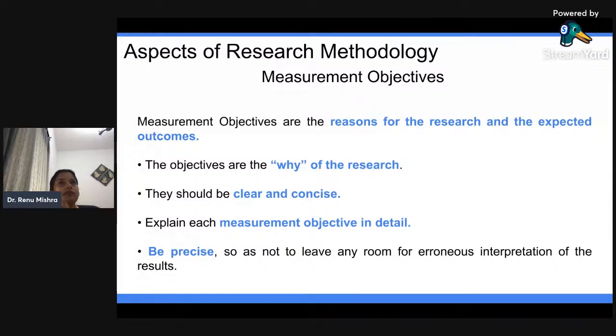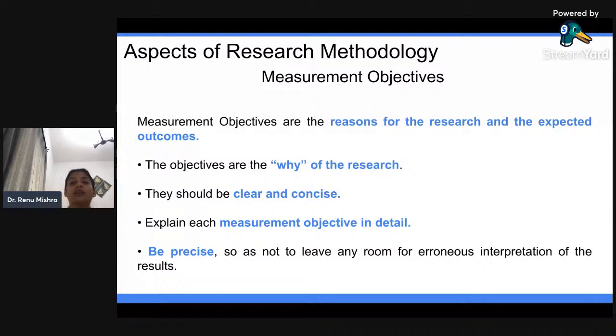And in many studies I have seen that they are stating n number of objectives. Don't do that. Please don't do that. Don't go for 6, 7, 8 objectives in your study. Why? Because this will make your study too lengthy. Firstly, let us forget that it's lengthy, it leaves an impression to the reviewer that the scholar is not clear.